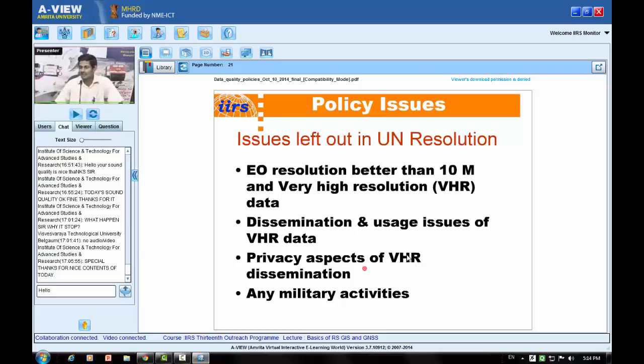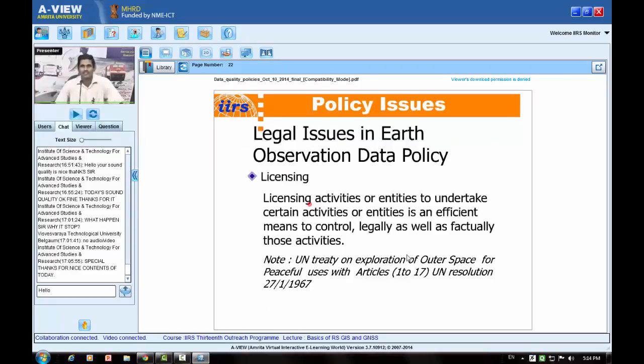Legally it is not correct. You cannot encroach into somebody's property and take their photograph. But what the satellite data is doing now, we are having very high resolution data, 0.5 meter resolution. So they are able to take that, but how to take care of those things? And then many military activities are also taking place. So these are all the things which are not properly brought out.